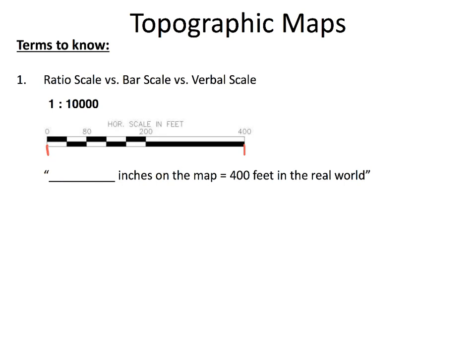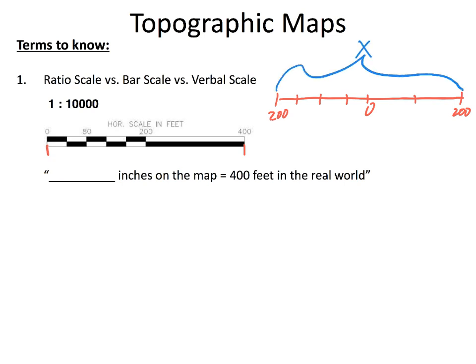One thing that I want to make sure that you are aware of that is tricky sometimes is that sometimes you get bar scales that look like this. And I always want you to pay attention to where the 0 is, because a lot of times people will go to the task of measuring this entire thing here and saying, okay, that's 200 feet in real life. You need to start at the 0.